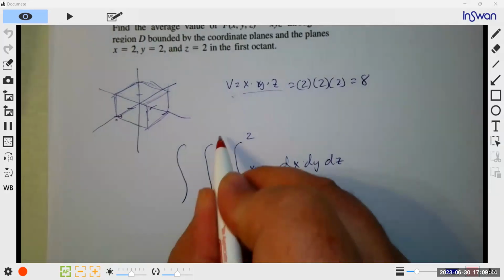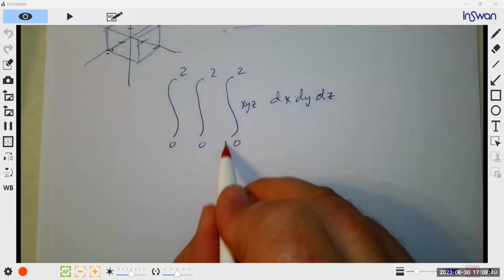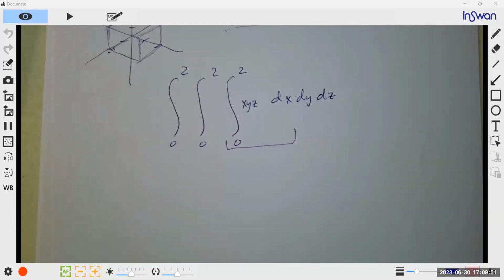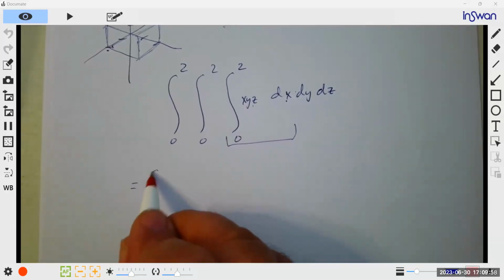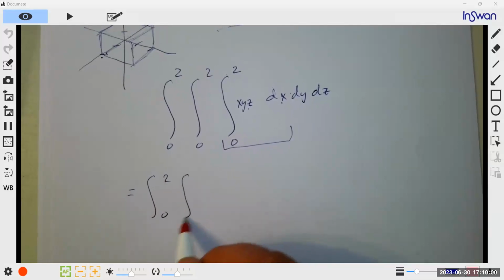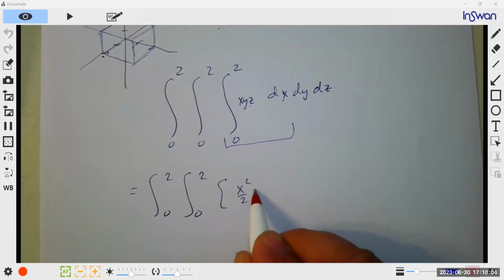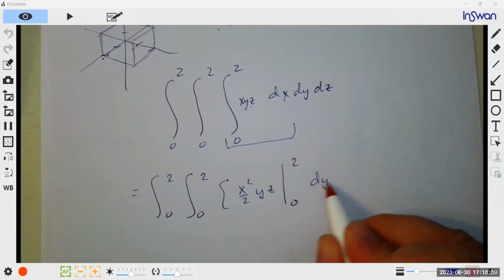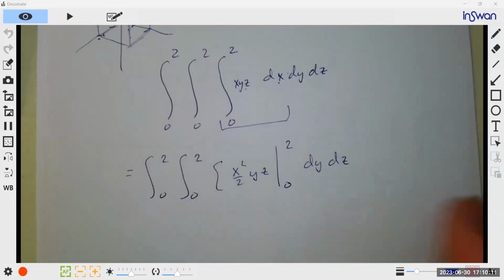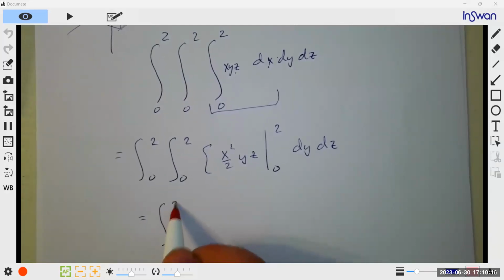The bounds of y are 0 to 2, and the same for z. So the first step, integrate with respect to x. We get x squared over 2 yz from 0 to 2.